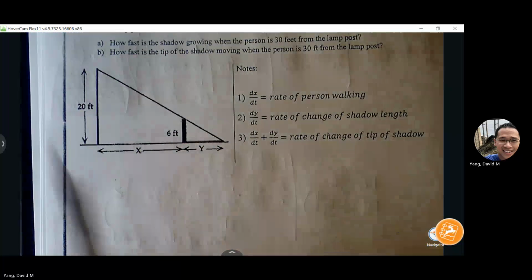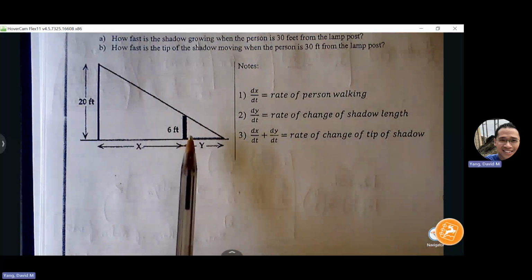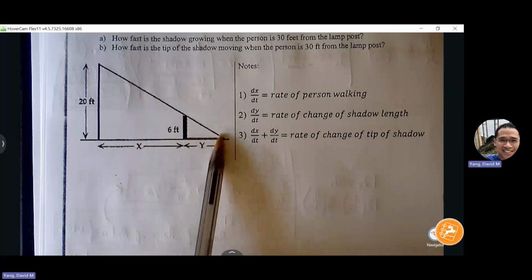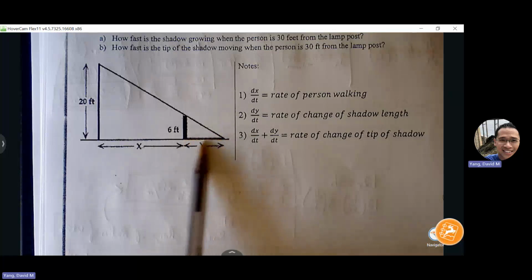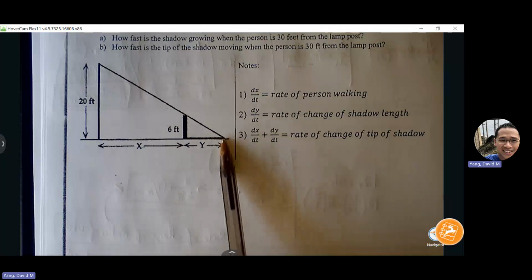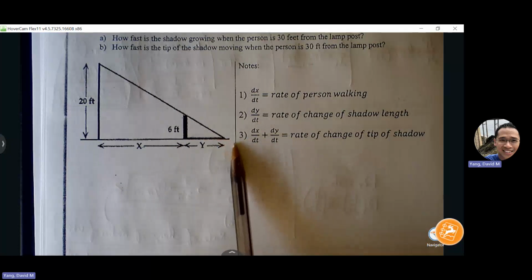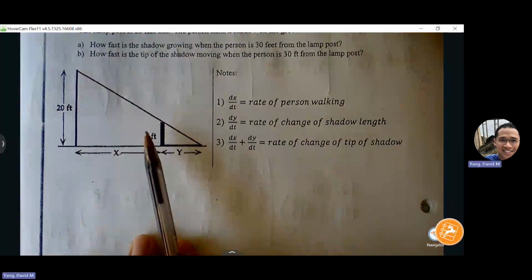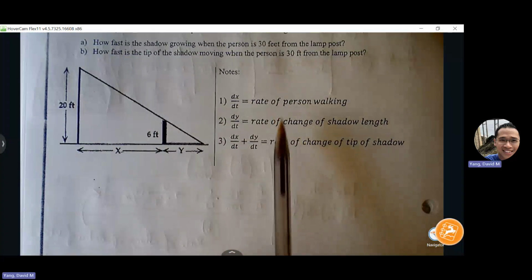Okay. The second thing is that we're going to figure out the rate that the shadow is increasing or changing, but we're also going to have to figure out how fast the tip of the shadow is moving in relation to the ground. Okay. So here are the different rates, and we're going to build this in a second.